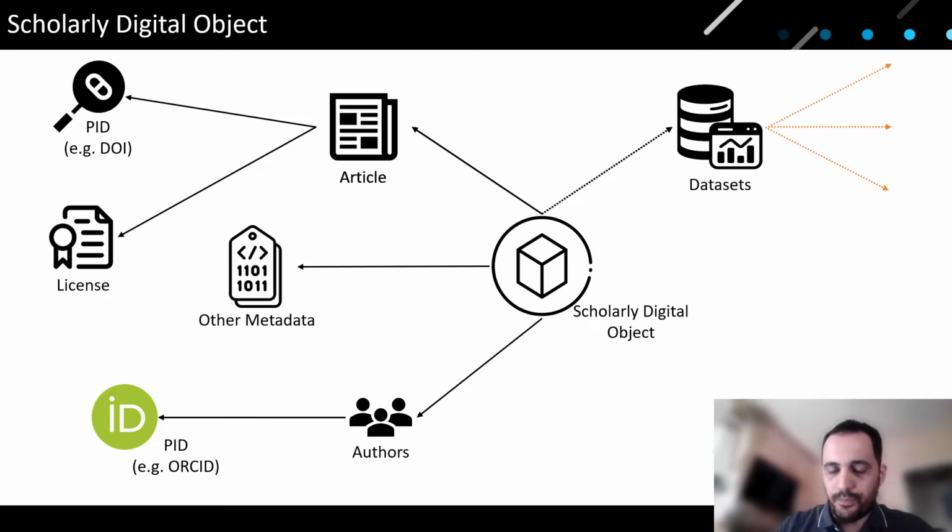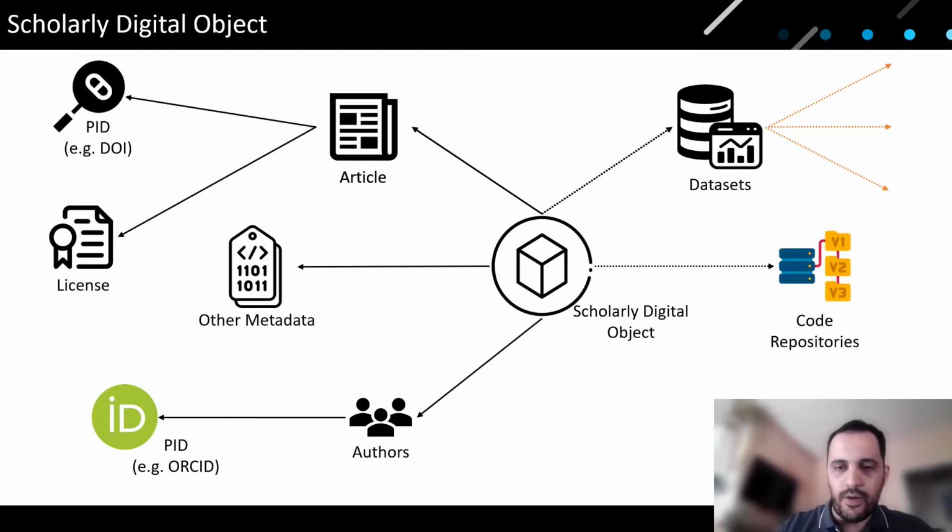These data sets also consist of other elements such as PID, a license, publisher, or creator, and so on. We have also codes and software for disciplines such as data science and machine learning.